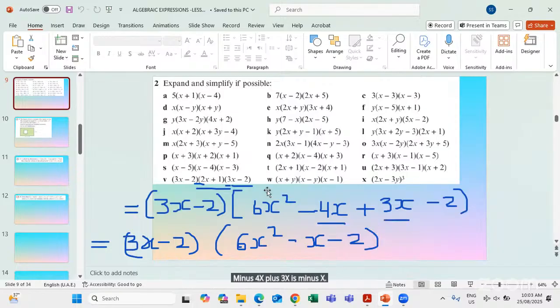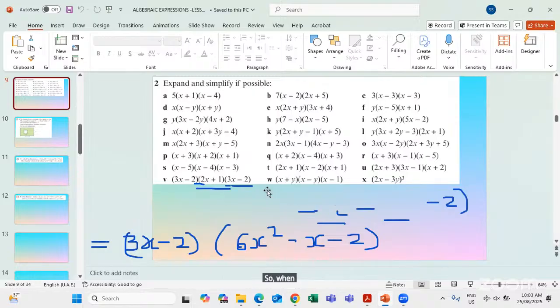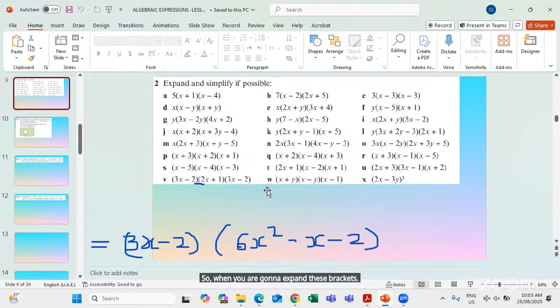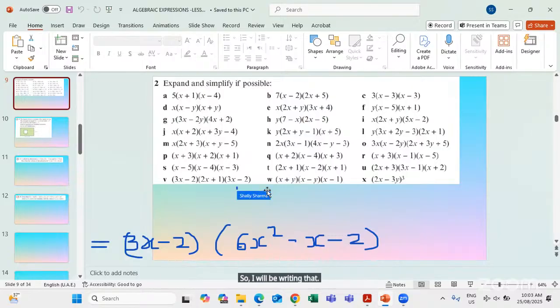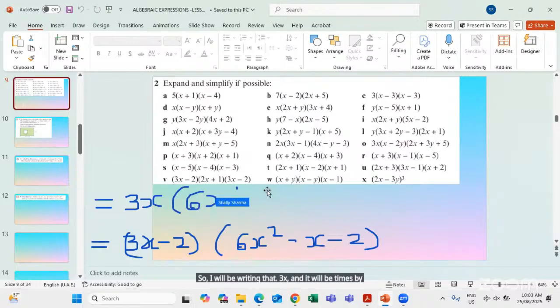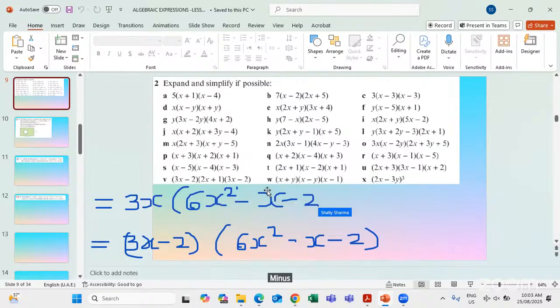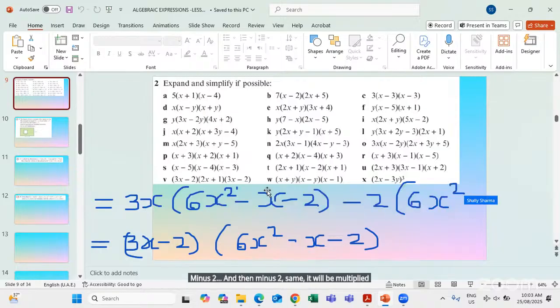Now you can again expand the brackets. When you are going to expand these brackets, the first term in the first expression is 3x. So I will be writing 3x, and it will be multiplied by 6x squared minus x minus 2, and then minus 2, same, it will be multiplied by 6x squared minus x minus 2.